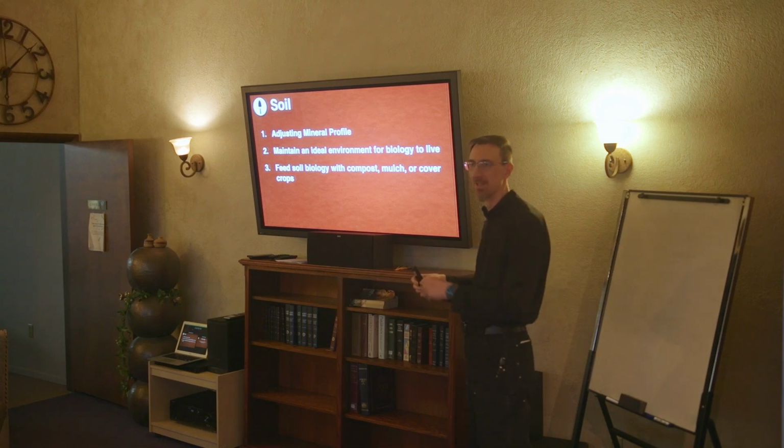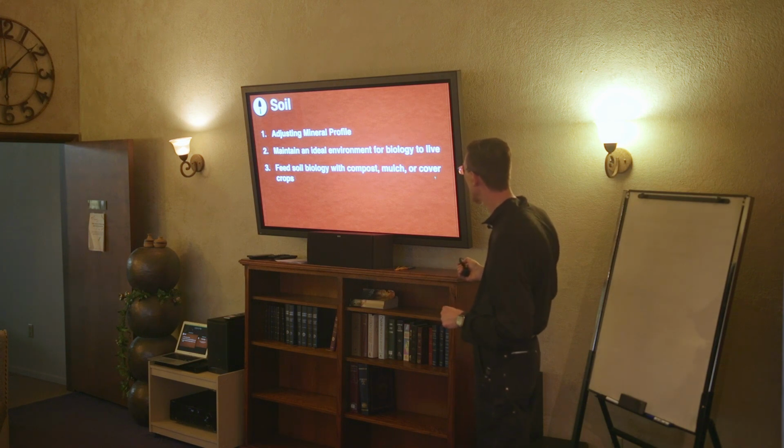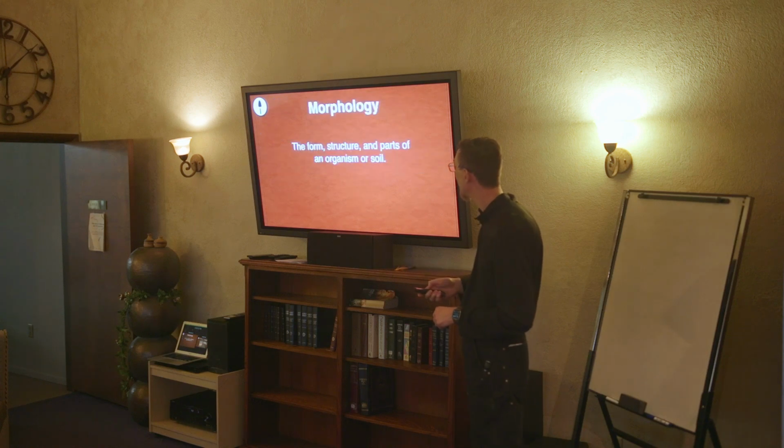And then they suck them back in and repeat the process, and so they can get nutrients that way. And then, so we got feed the soil biology with compost, mulch, or cover crops. So that's kind of the things we'll be looking at tonight here.